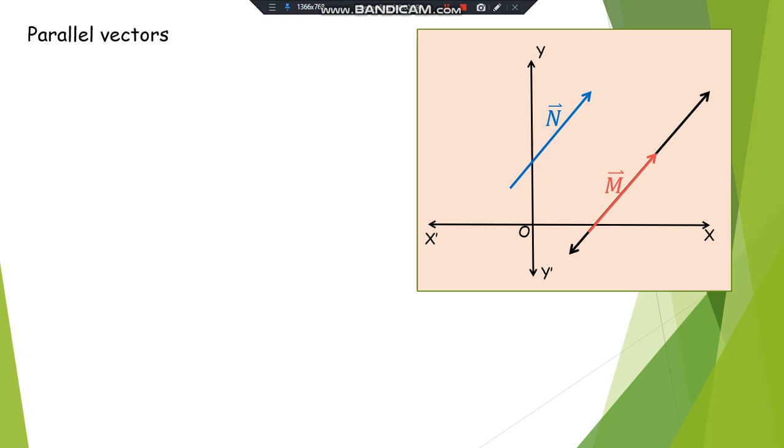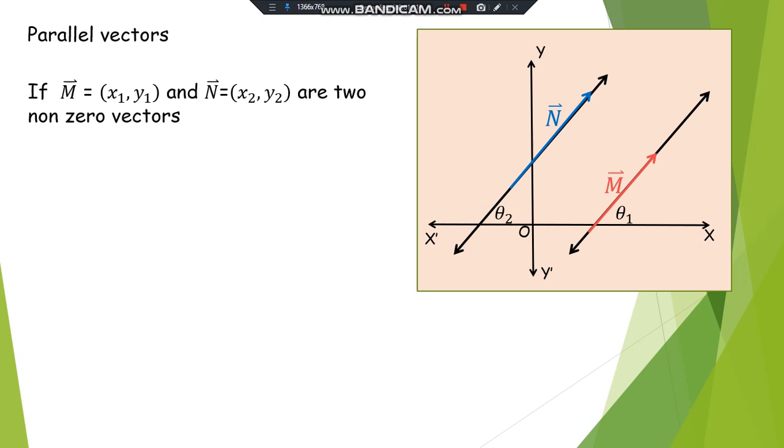We take vector m on this straight line, the black one, and vector n on another straight line, to find the angle which each straight line makes with the positive direction of the x-axis. The first straight line, with vector m, makes the angle theta 1, and vector n makes the angle theta 2.